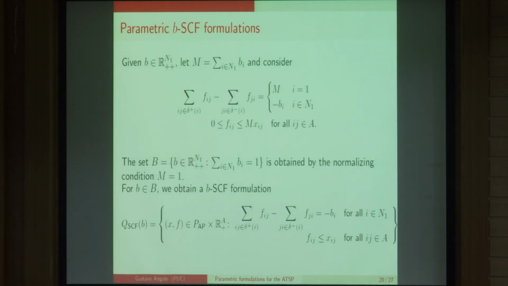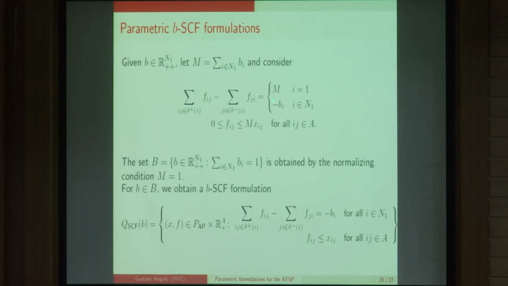So the generalization here is the following. In principle, in the original single commodity flow formulation, we have here an n-1 and a -1. So what we do now is that for all the nodes that are different from node 1, which are customers, we will have a positive demand.